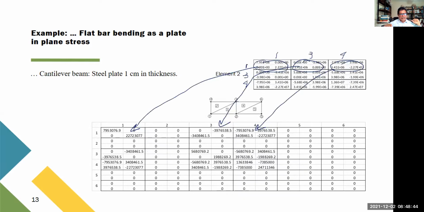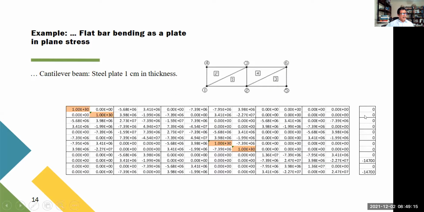And here, I do the same for element 2. This is a 12 by 12 matrix, and the other was 12 by 12. So what I have to do is simply sum the two. And then I can do the same for elements 3 and 4. And at the end, I just add the 4 matrices. Each one is expressed in the global sense, including all the joints. In Excel, that's easy. That's why I did it like this. And this is finally the global stiffness matrix.